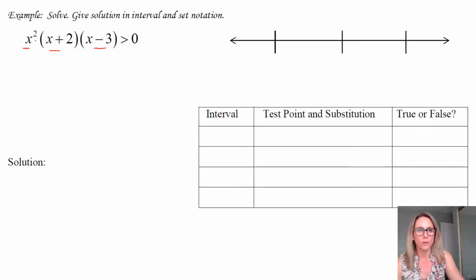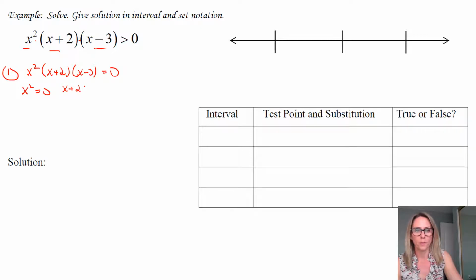Because this is already in factored form, the first thing we want to do is think about when this is equal to 0. That's going to tell us x squared equals 0, x plus 2 equals 0, x minus 3 equals 0, and that gives us some values that we need for our number line.